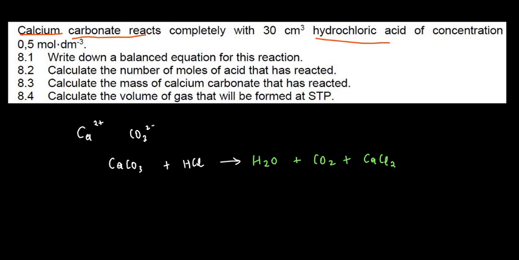So we form water, carbon dioxide, and then a salt. Let me write it. It's water, carbon dioxide, and then a salt. So where does it come from, like you asked?